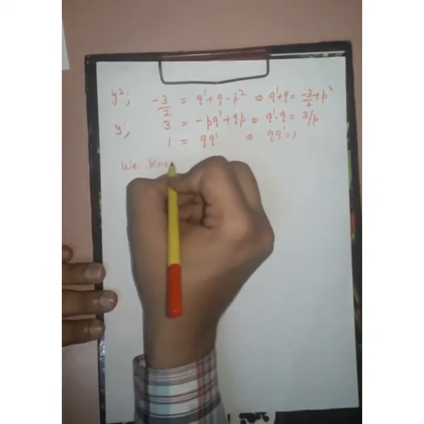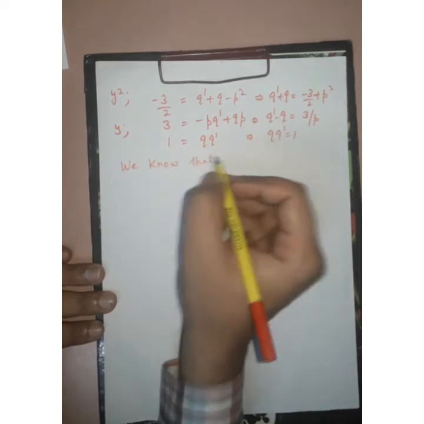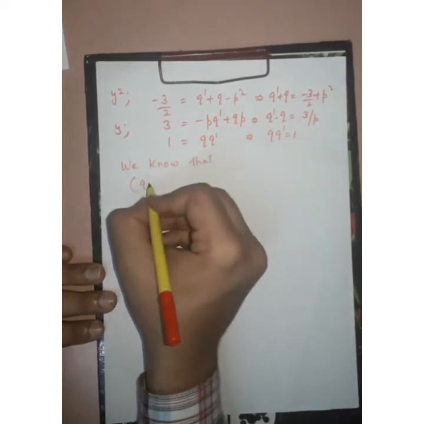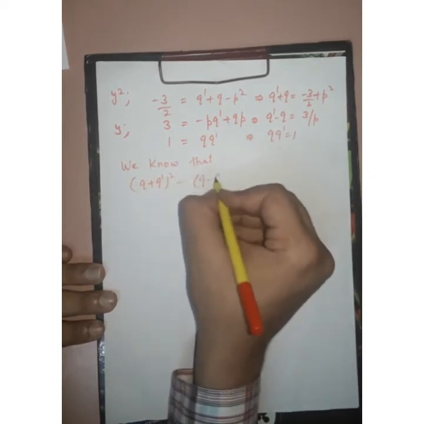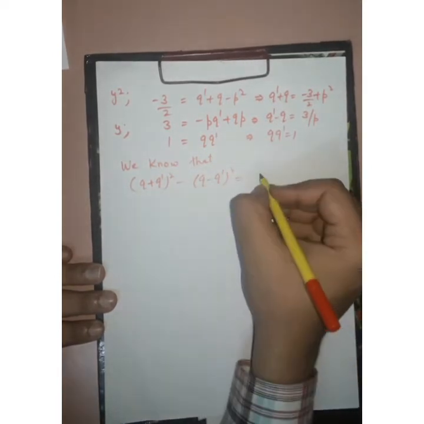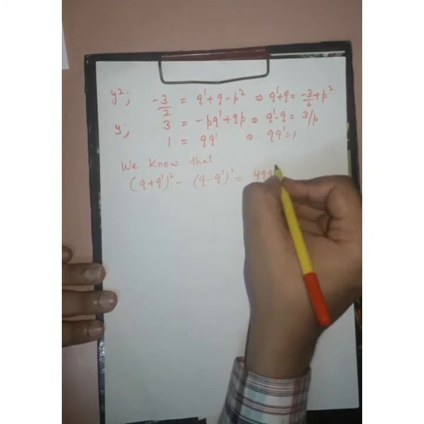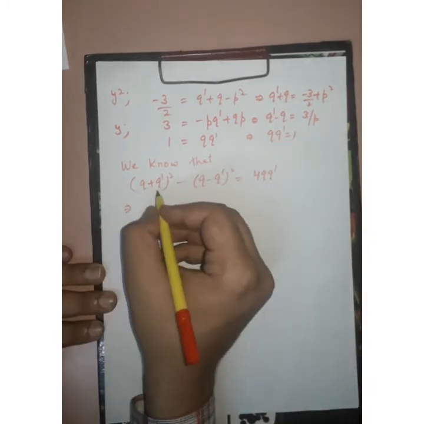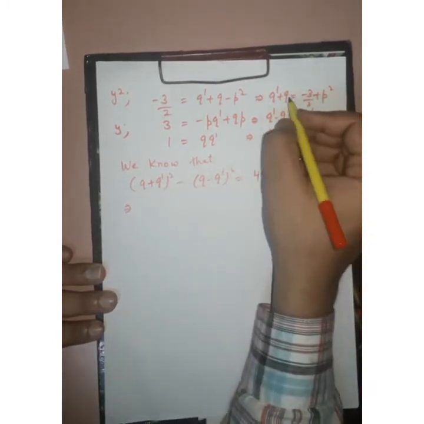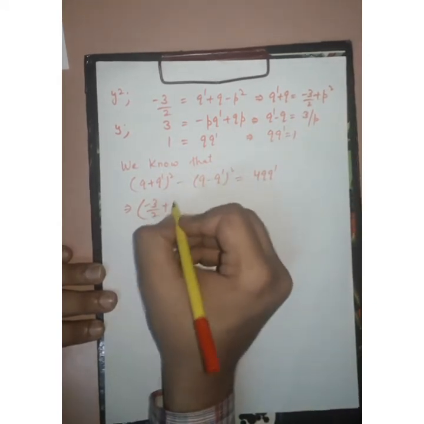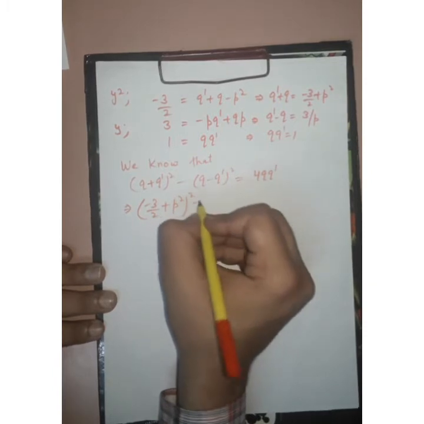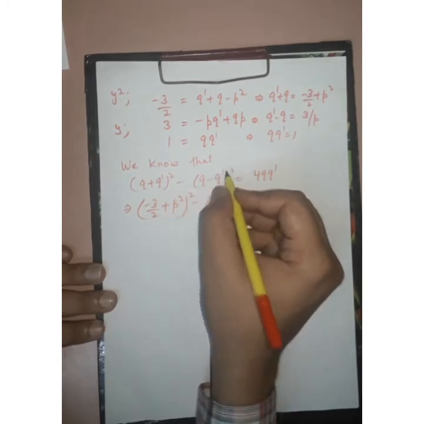After this we know that (q plus q dash) whole square minus (q minus q dash) whole square is 4 q q dash. So the value of q plus q dash is minus 3 by 2 plus p square, whole square. What is the value of q minus q dash?